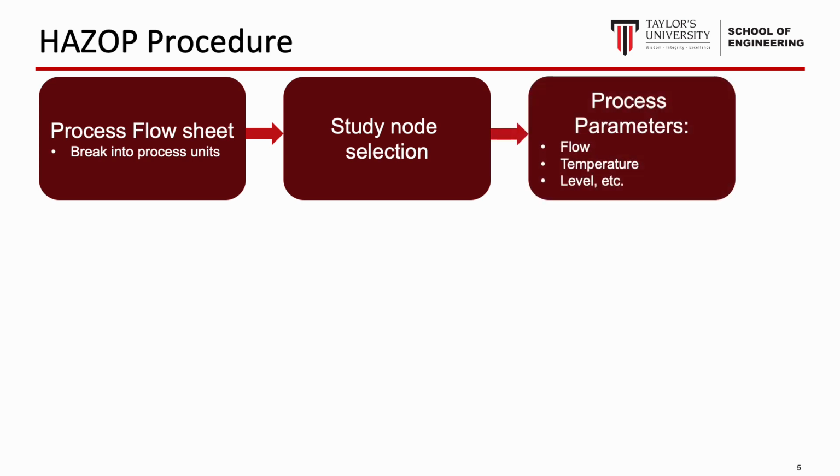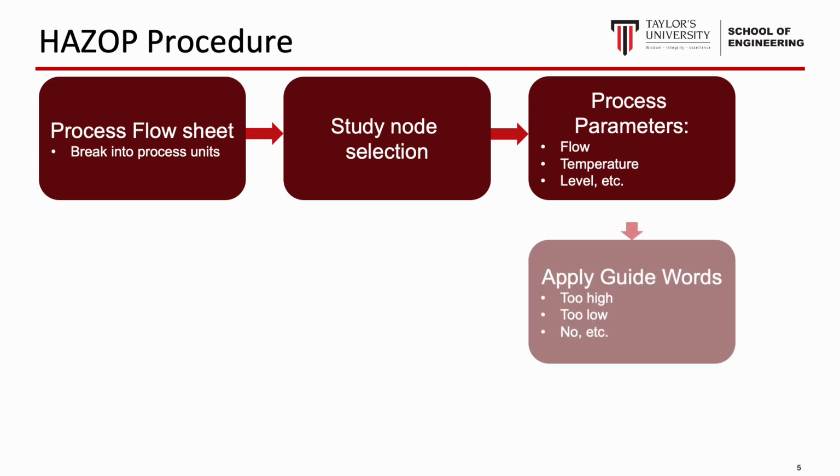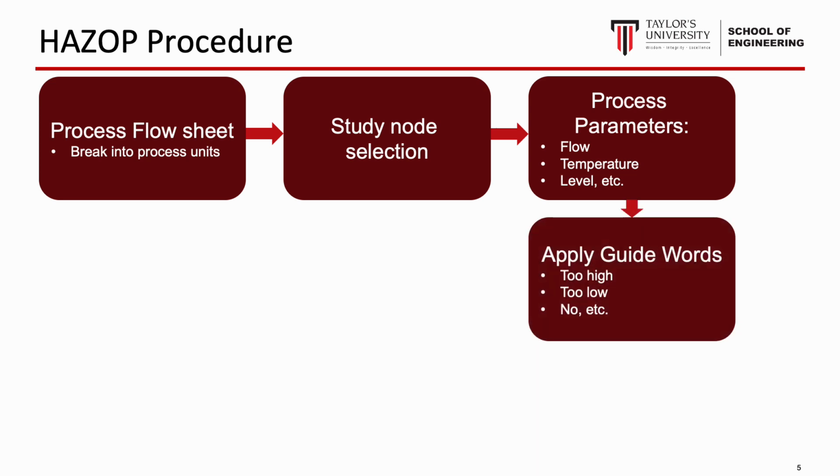In the study node selection, we then look at the process parameter that we want to study. Let me give you an example. If we have a reactor, you may want to select the reactor flow rate. Then the process parameter here, we focus on the flow itself. Once we have the parameter, then we put in the guide words. Going back to the same example, we have the flow rate of the reactor, so the input and the output flow rate.